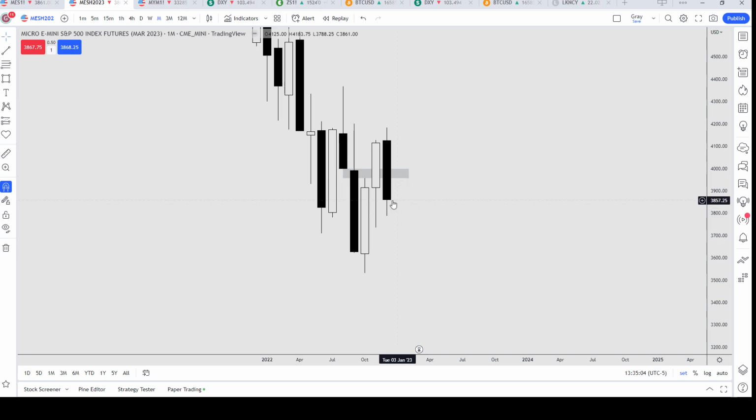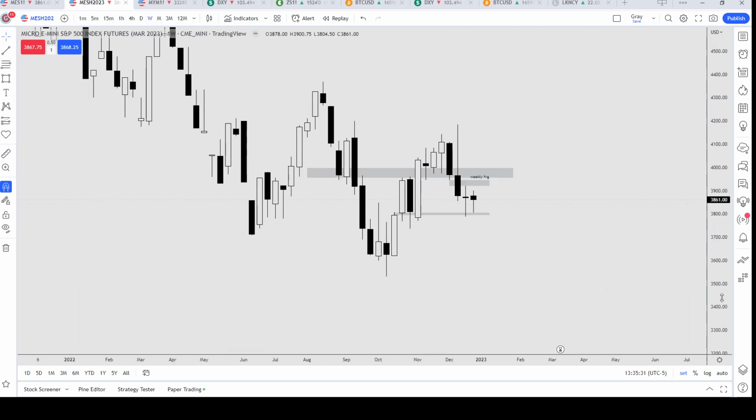We open up here in January, somewhere around here. We trade up into this area, or maybe we don't even need to tap this area, and then it moves lower. This is what I'm anticipating for the monthly chart.